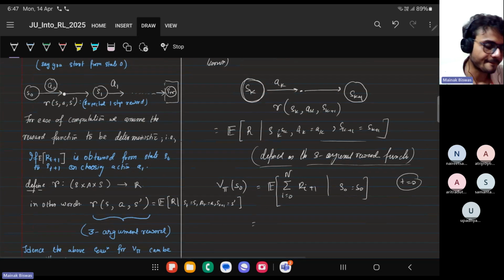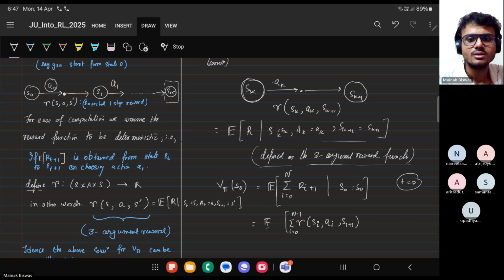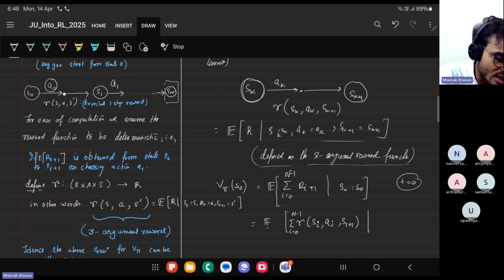Do you agree that this can be written as a summation of r(si, ai, si plus 1), i from 0 to n minus 1? This is of course till the last state, because there have to be n states, not n plus 1 states. Is it clear? Is this the same thing?